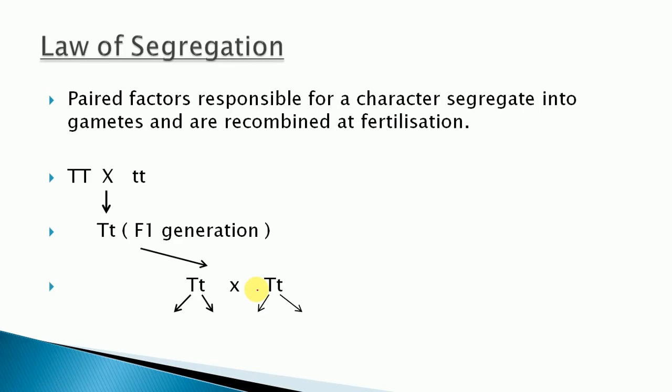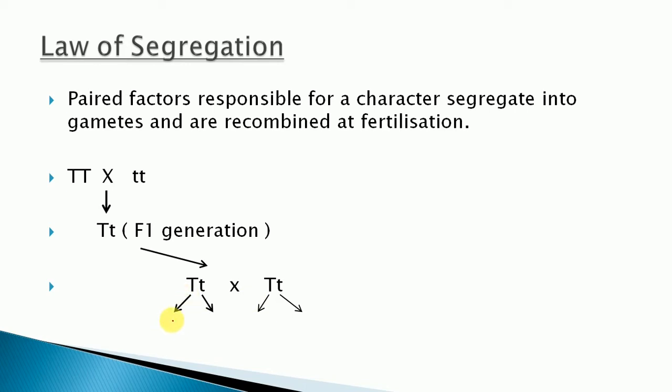Next is the law of segregation. Paired factors responsible for a character segregate into gametes and are recombined at fertilization. When we cross capital T with small t, we get capital T small t in the F1 generation. Now if we do the selfing, then what will happen? During gamete formation, each gamete will contain only one allele.